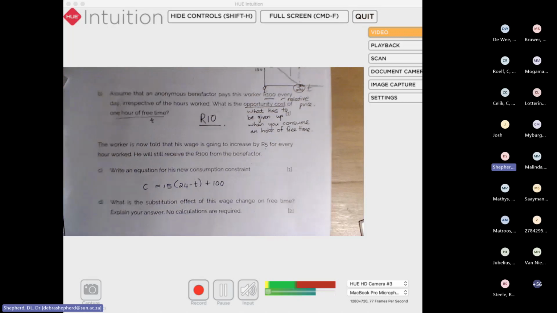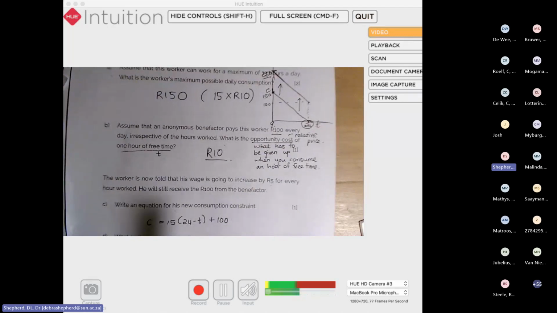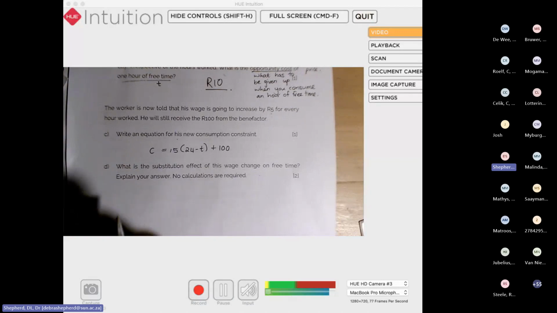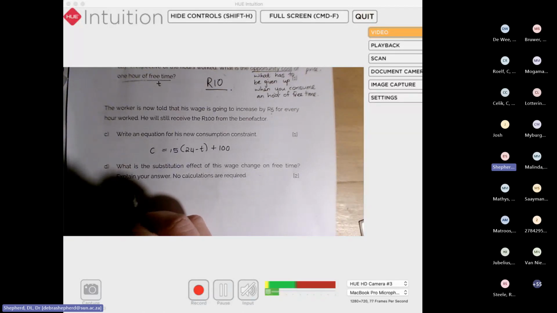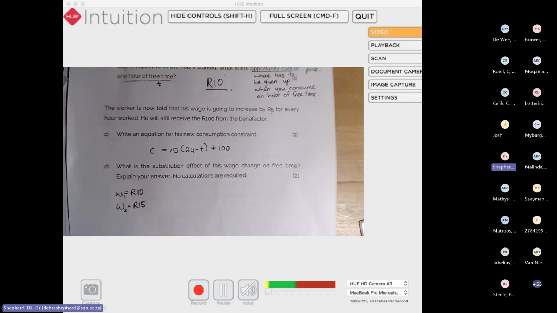Okay. So we said that the wage rate went up by 5 Rand. So the wage rate was 10 Rand. Now the wage rate is 15 Rand. So what would the substitution effect on free time be if the wage rate goes up?